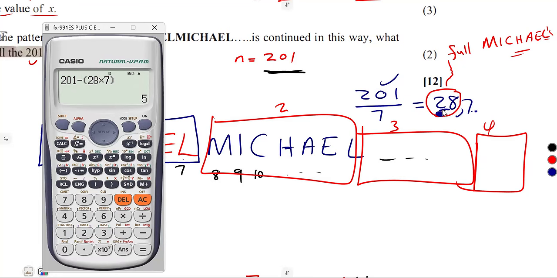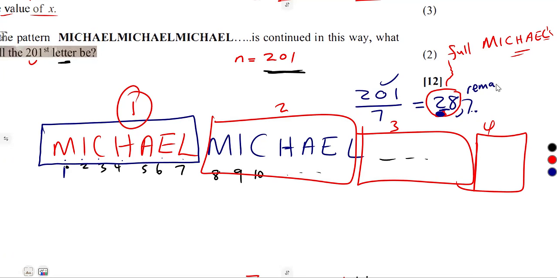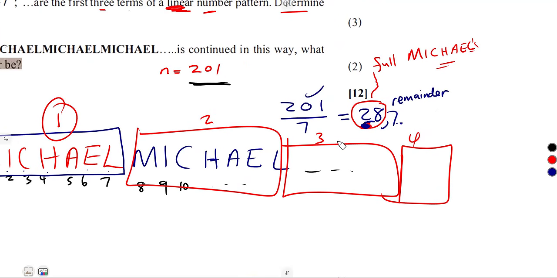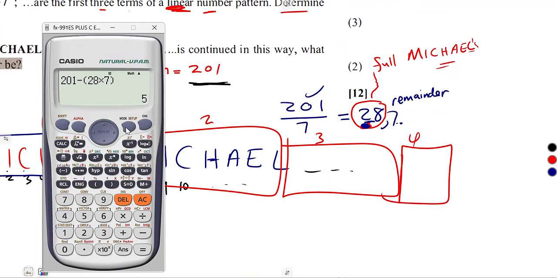So 201 divided by 7 is 28 times, with a remainder. How many letters will remain? Because we are talking about 201 letters, but we covered 28 times 7. 28 times 7 is 196.